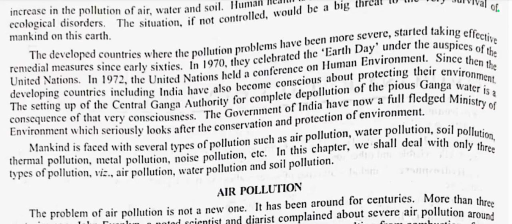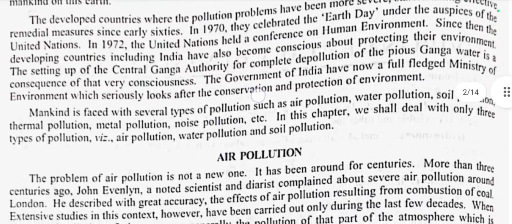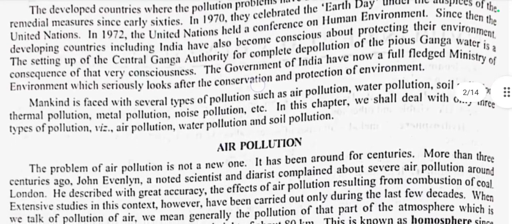Since then, the developing countries, including India, have also become conscious about protecting their environment. The setting up of the Central Ganga Authority for complete depollution of the pious Ganga water is a consequence of that very consciousness. The Government of India now has a full-fledged Ministry of Environment which seriously looks after the conservation and protection of environment.